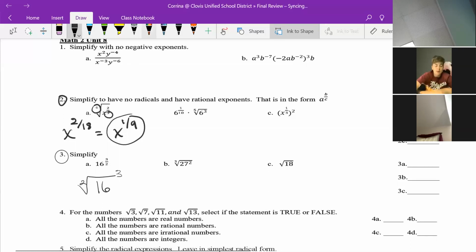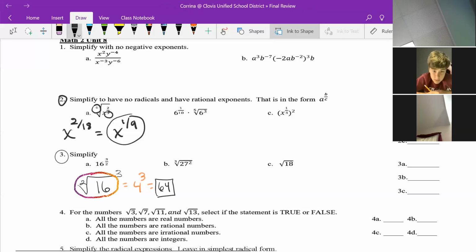And then you would work it out by doing this piece here first. The square root of 16. What's the square root of 16? 4. 4, and it's 4 raised to what power? The 3rd. The 3rd, and what does that come out to be? 64. 64. So 64 is your final answer.